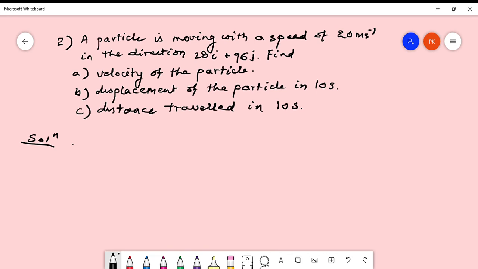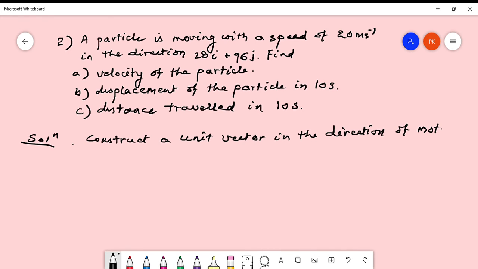So we'll construct a unit vector in the direction of motion, and we have already seen that any vector when divided by its own magnitude gives a unit vector.